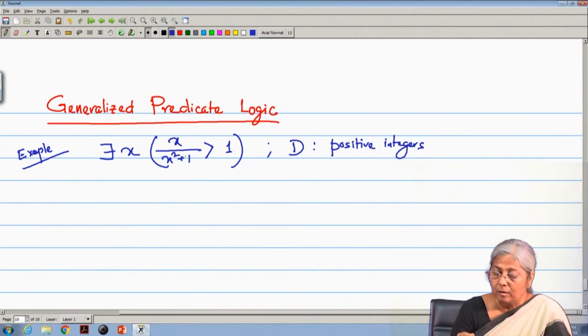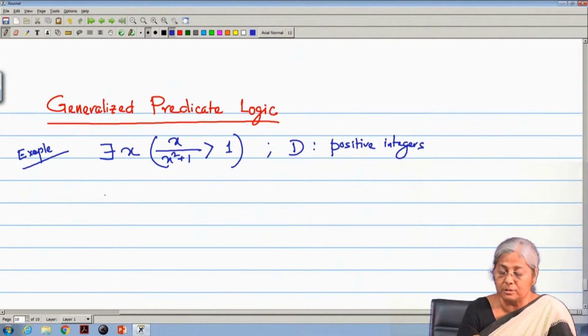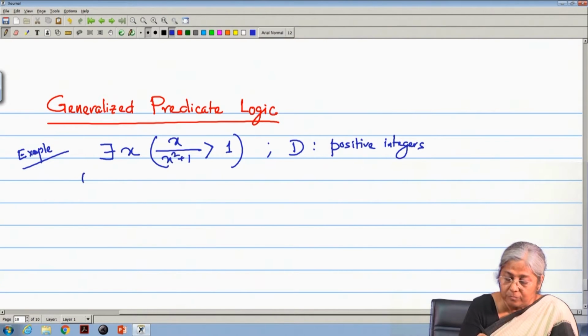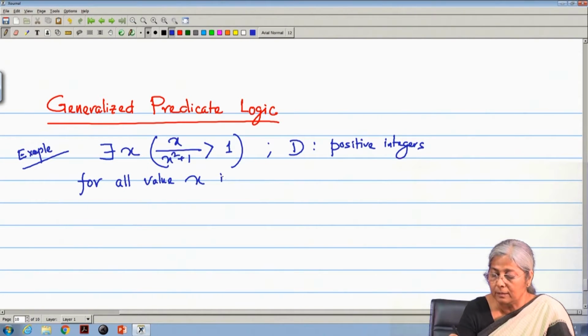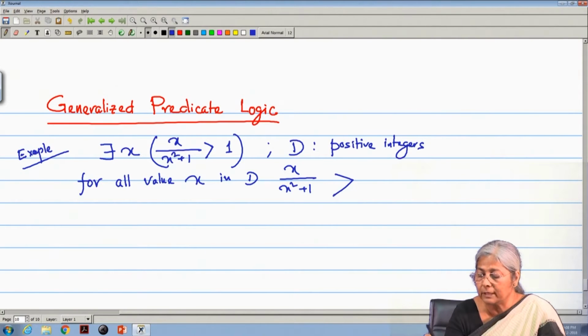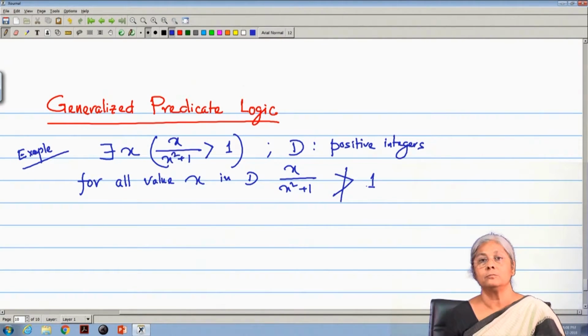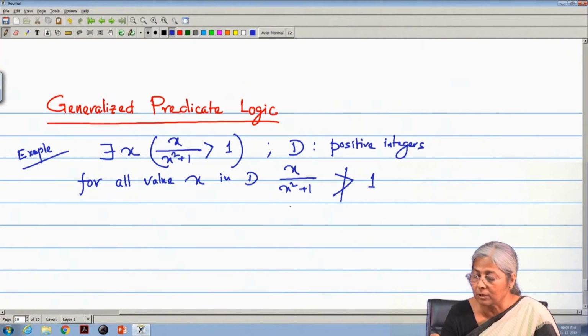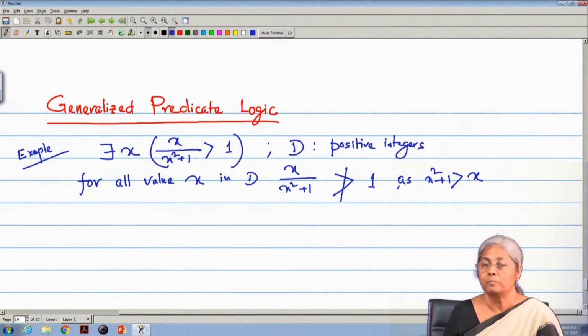Now, for any positive integers, since x takes values from D, for all values of x in D, this x by x square plus 1 we know is never greater than 1, because x square plus 1 is greater than x for positive integers.